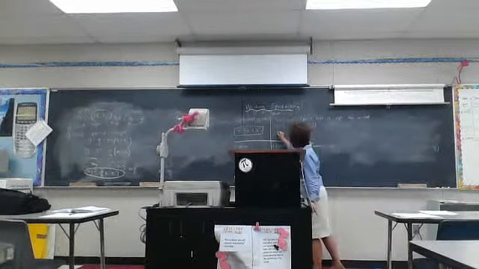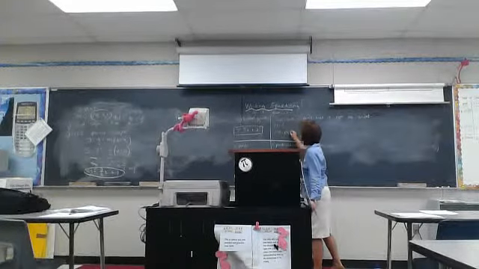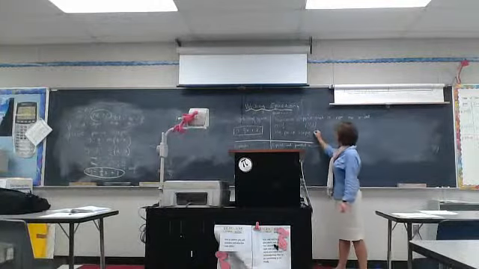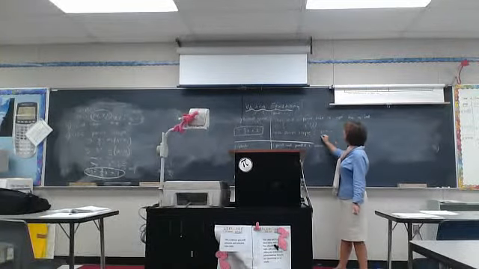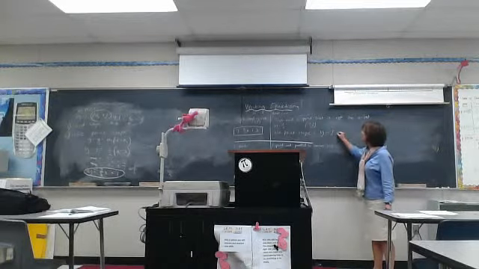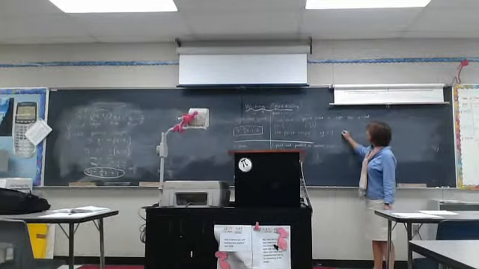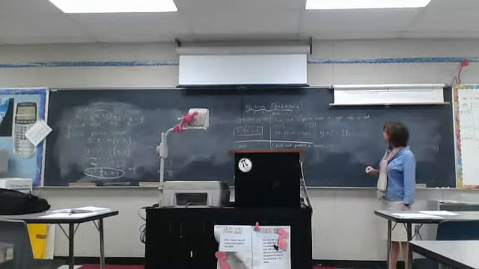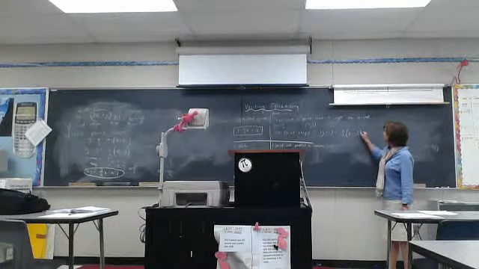So use point slope. You already practiced that once today. So y minus 2 equals 1/2 times x minus 7.